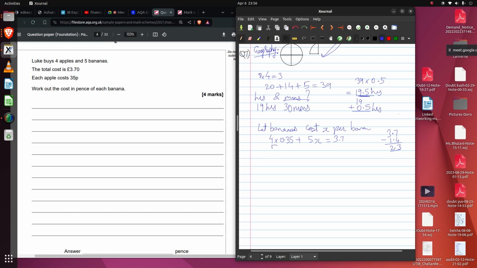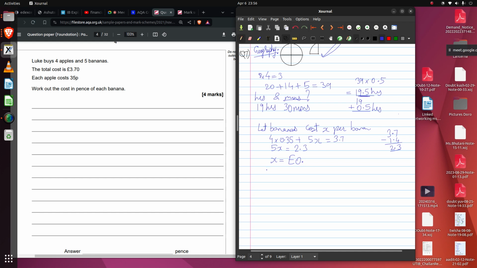That is true. So what is x equal to? X is 4.6 pounds. Isn't it a little costly?